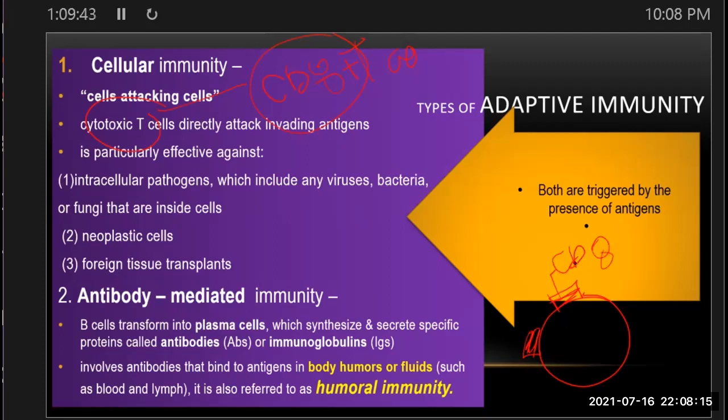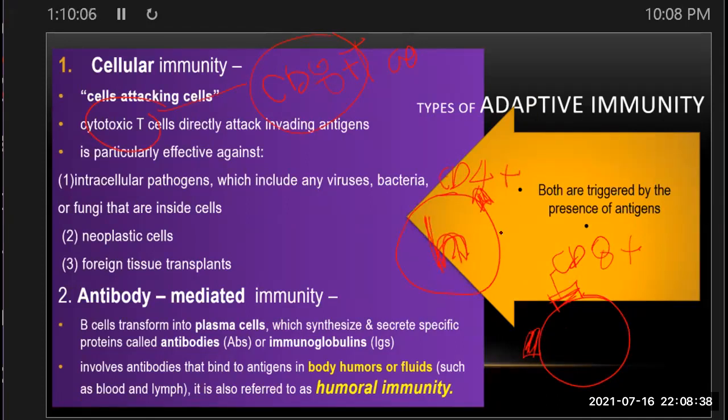That's why you say they are CD8 positive T cells. But helper T cells have CD4 markers on their cell surfaces, so we say helper T cells are CD4 positive T lymphocytes.